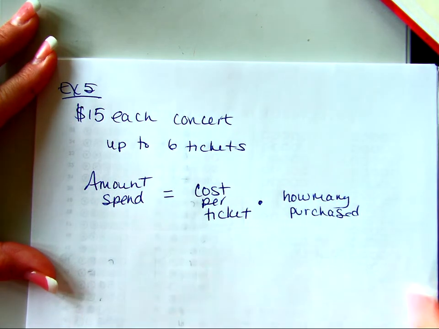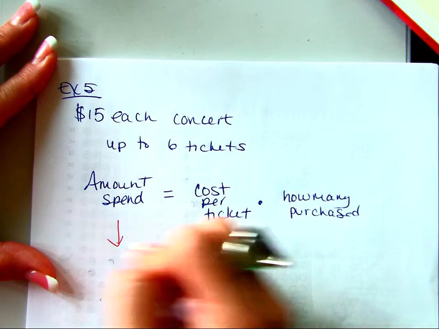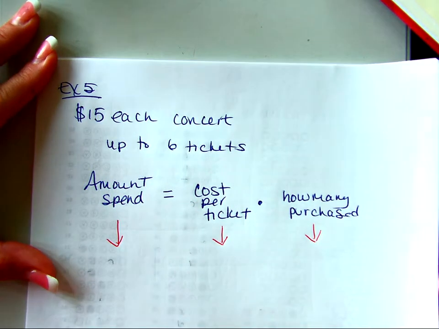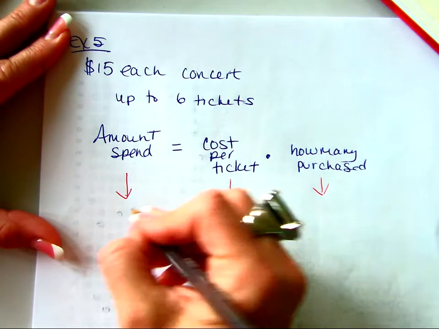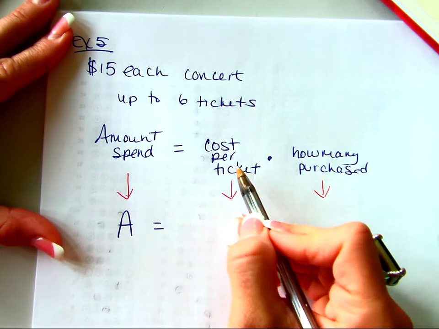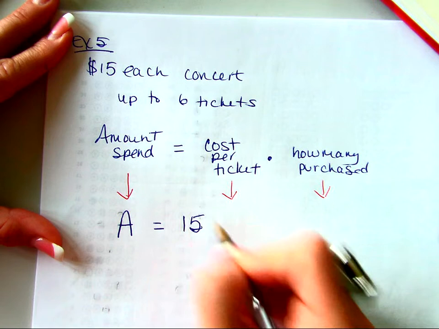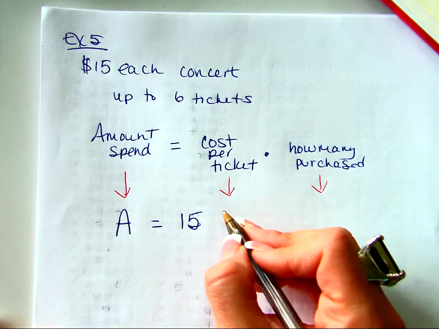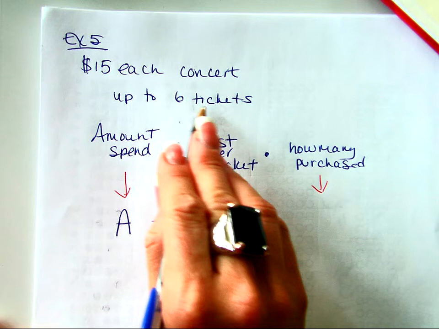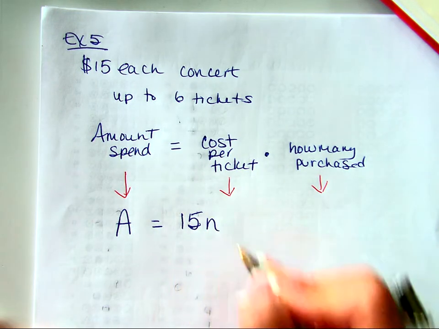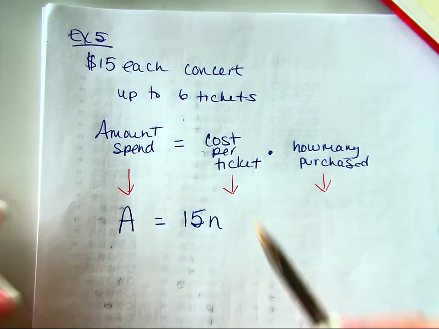Okay, remember we talked about verbal models really help us set this equation up. So if A is the amount that we're looking for, that you're spending, we'll give that a capital A. And the cost per ticket we know is 15 according to our information. And how many tickets can you purchase? Well, I know it says up to 6, but we'll use the variable N. N could be the number of tickets that you purchased.